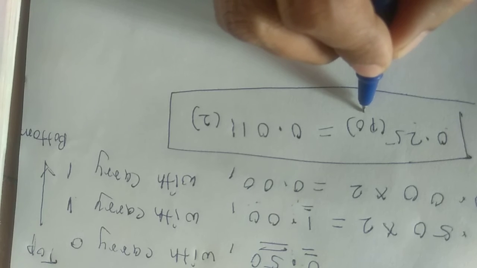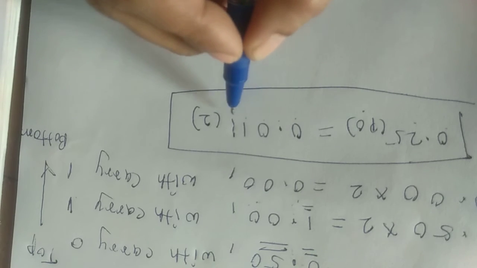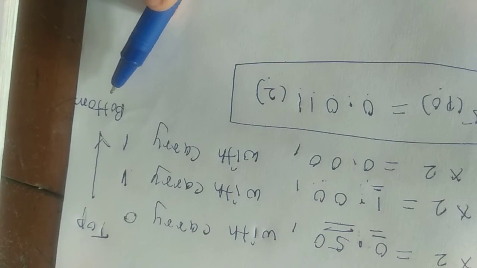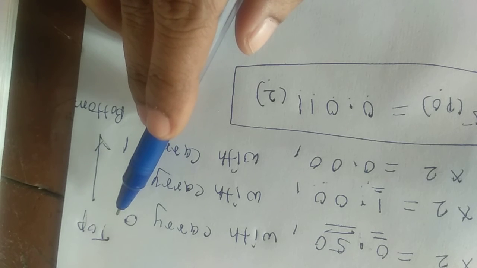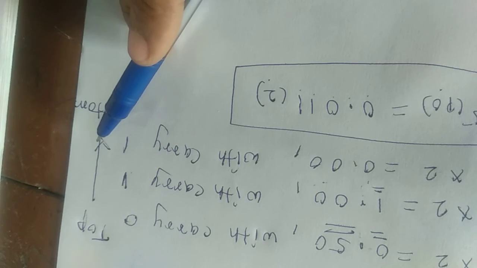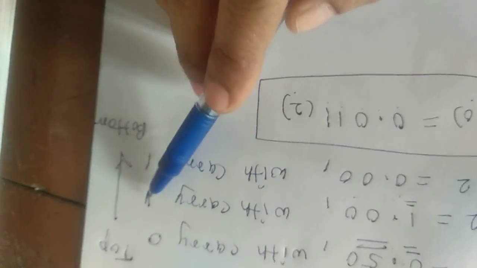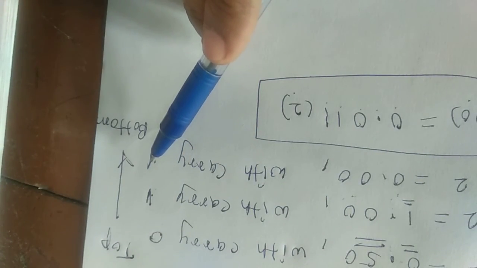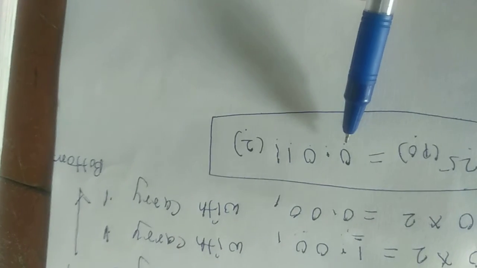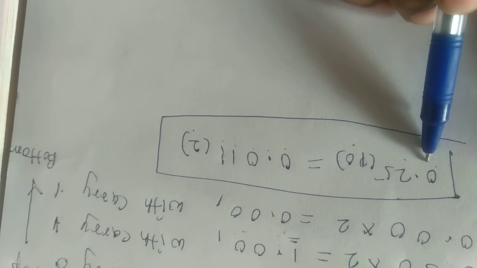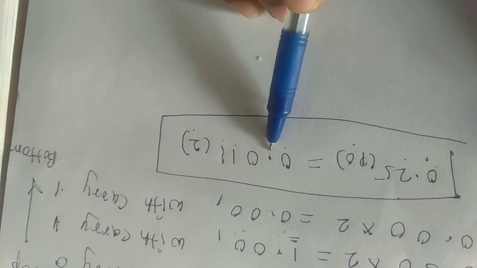0.25 base 10 is equal to 0.011 base 2, written from top to bottom. This means all carries you have to note down in this way, and here we have got 0 1 1, which you write in the answer after the binary point. In the decimal number system it is called the decimal point, and here I will call it the binary point, as this is the binary number system.